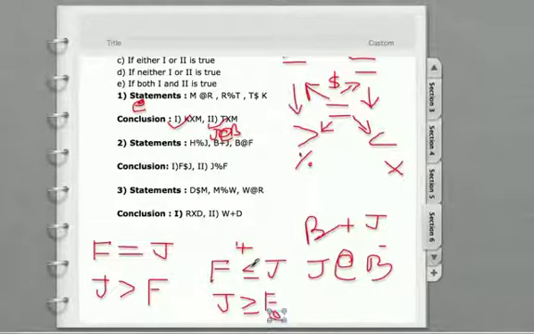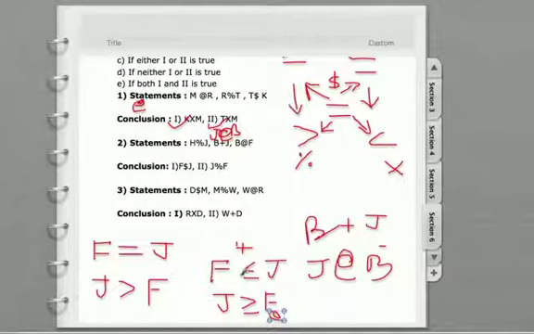So f is smaller than or equal to j, and here it shows that j is greater than or equal to f. So these two results, plus and at the rate, are telling us the same thing.